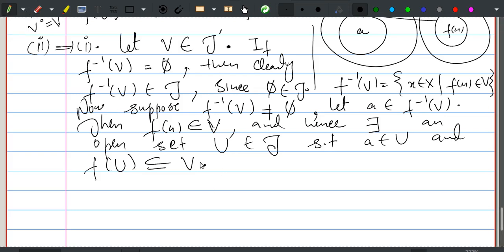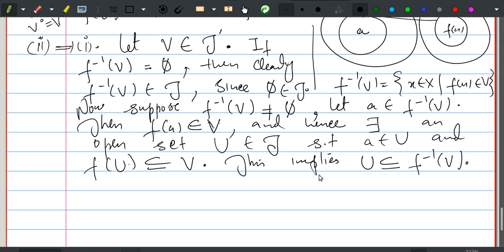So if this is the case, this would imply, so f of U being a subset of V means, so this implies U is contained in f inverse V.